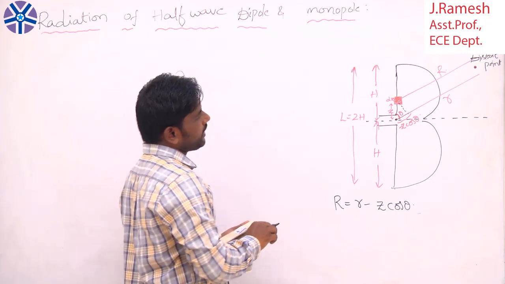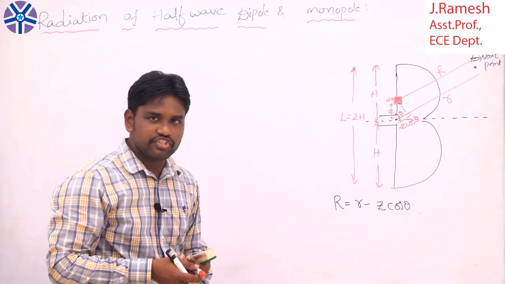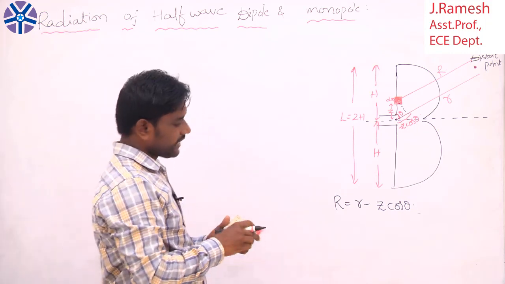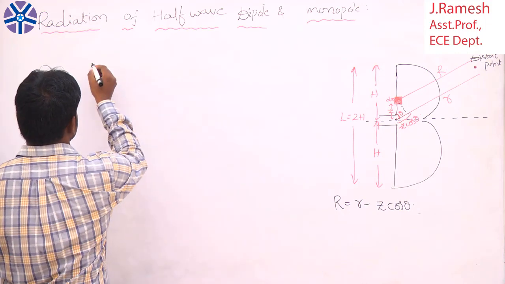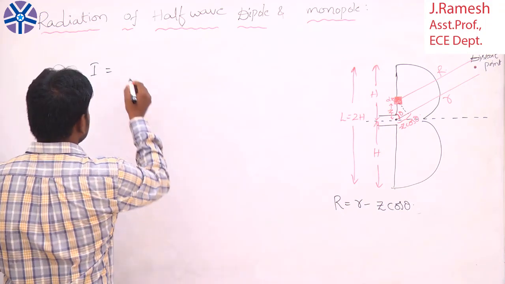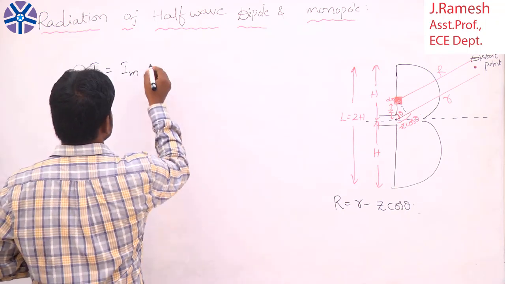Now my point is, the initial consideration for our current distribution is a sinusoidal distribution. So how can I write it? Suppose I is my current distribution, and the maximum current is Im with a sinusoidal distribution.